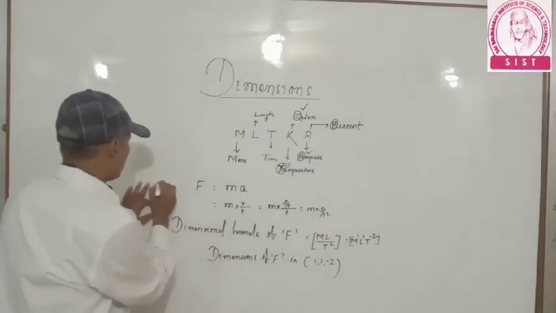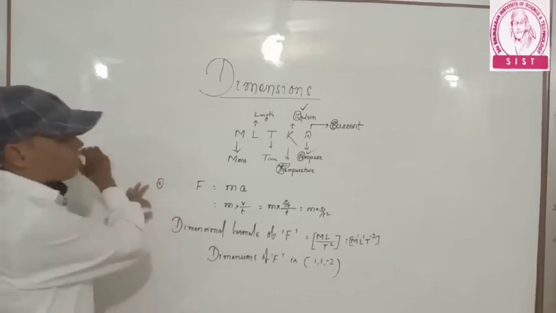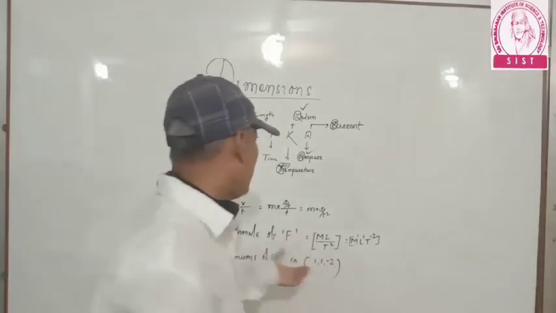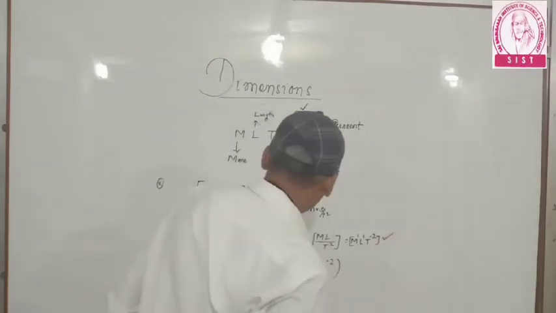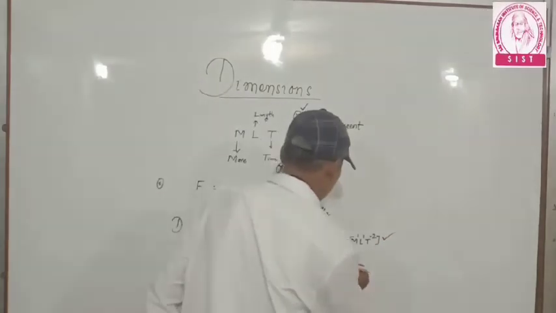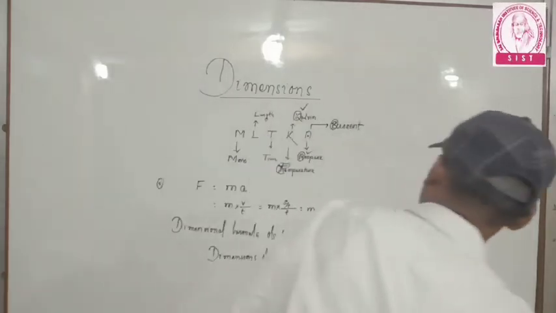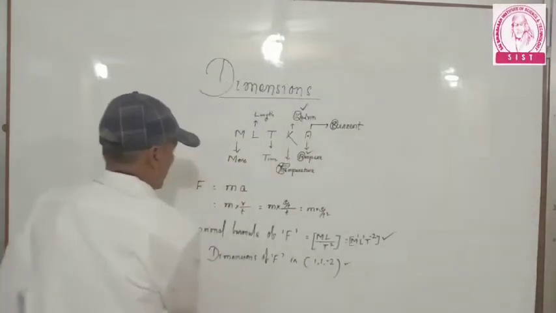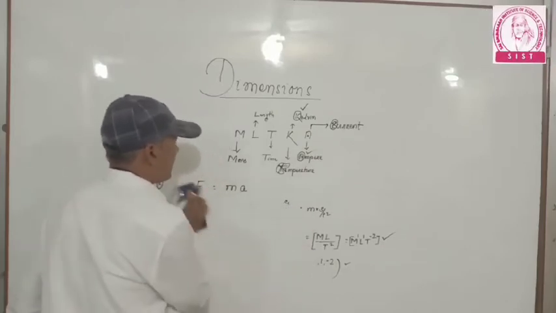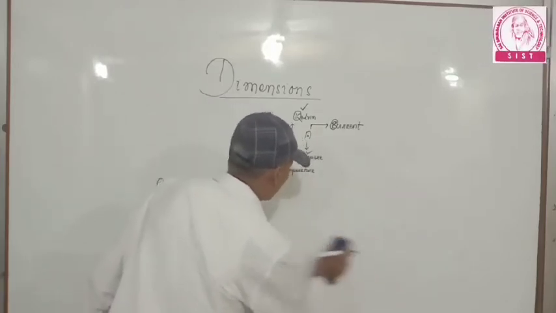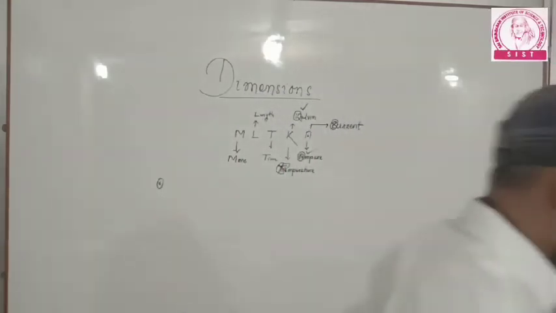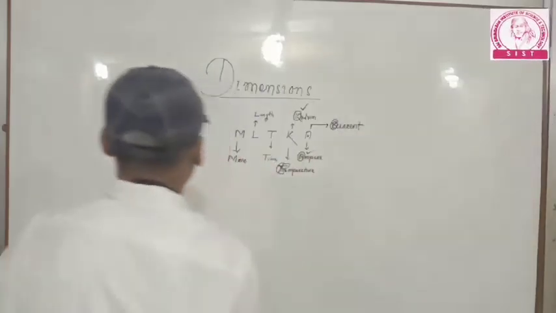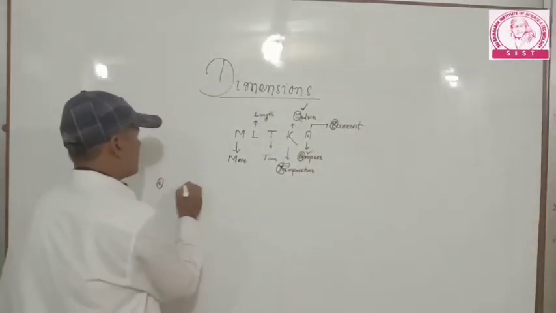So first we are able to find the dimensional formula of f as well as the dimensions of f. Similarly, we have to find many dimensional formula and dimensions of many physical quantities commonly used while we are studying physics. So force is over.